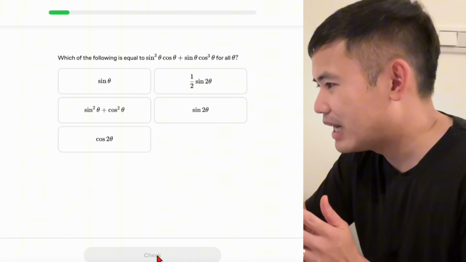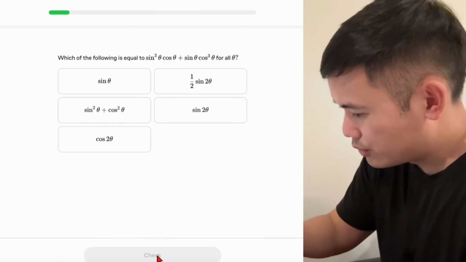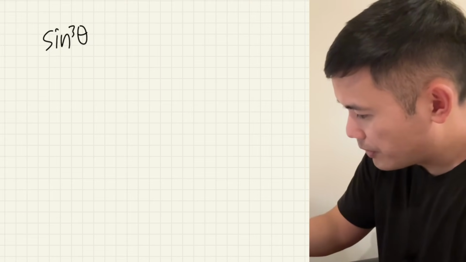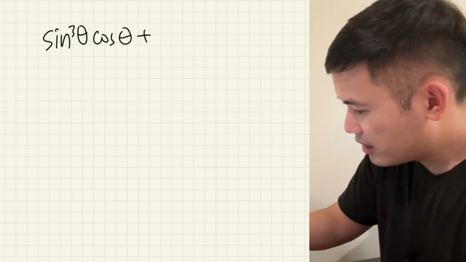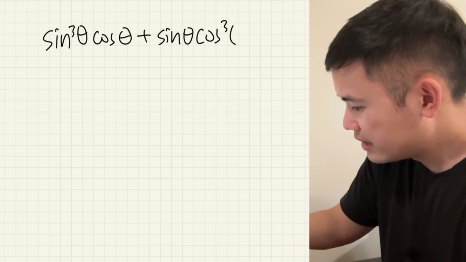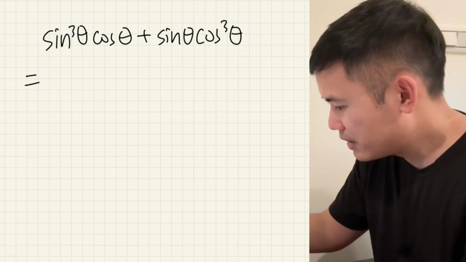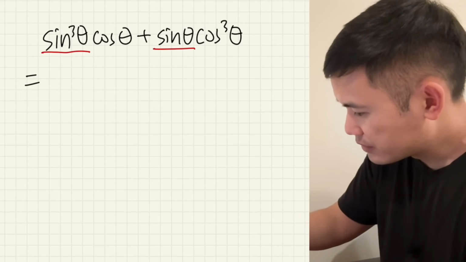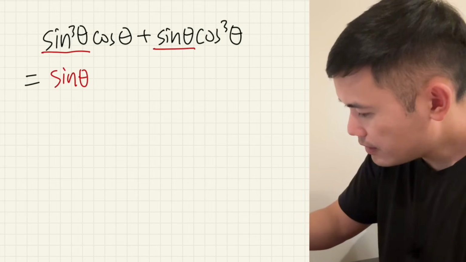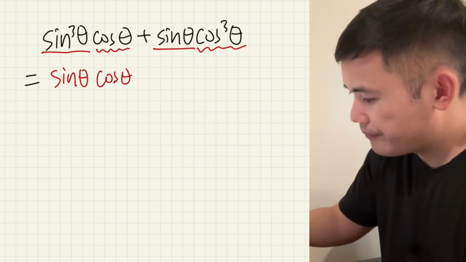First, we have to find out which of the following is equal to, let's do this one real quick, sine cubed theta cosine theta plus sine theta cosine cubed theta. So we just have to factor and clean things up a little bit. From here, we factor out sine theta, and from here, we can factor out cosine theta.